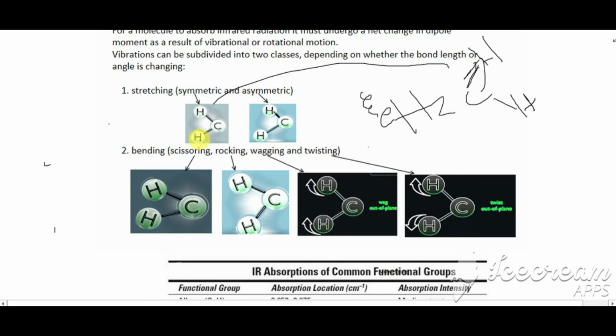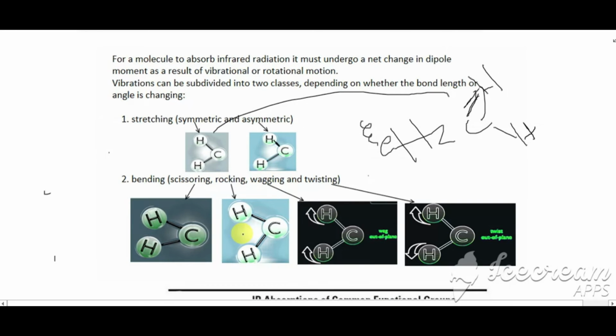In plane, when you give energy, it is bending, not stretching. It is not like a spring; it bends around. In scissoring, it moves back and forth.